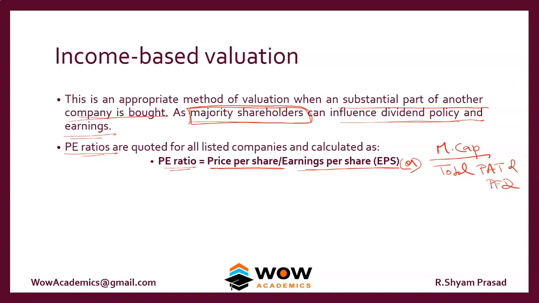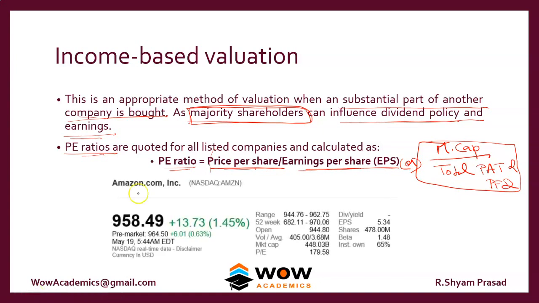We can use this as an alternative formula. So if this information is given, you can find it through this formula, or if this information is given, you can find it through this formula. So either way you do it, you will get the same answer.